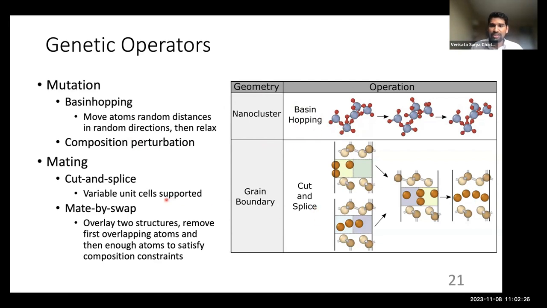And in the mating operation, we take two or three different parents and collect the features between these parents and combine them together to create a child structure. And this corresponds to the exploration, where we have two different parents corresponding to two regions in the landscape, and we are going to a third space by combining these two parents.